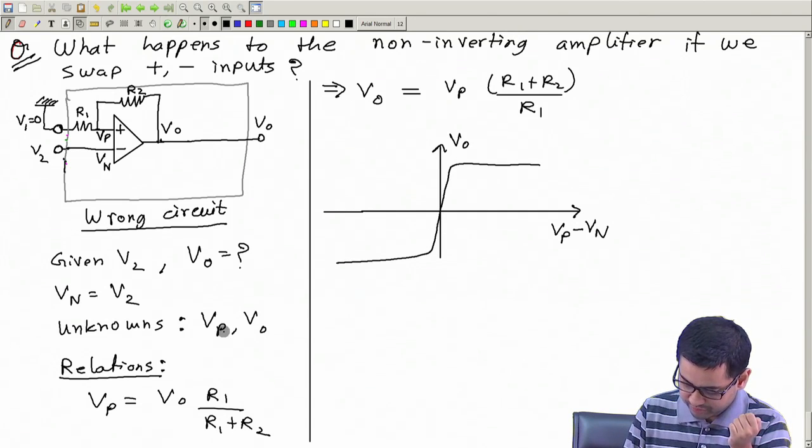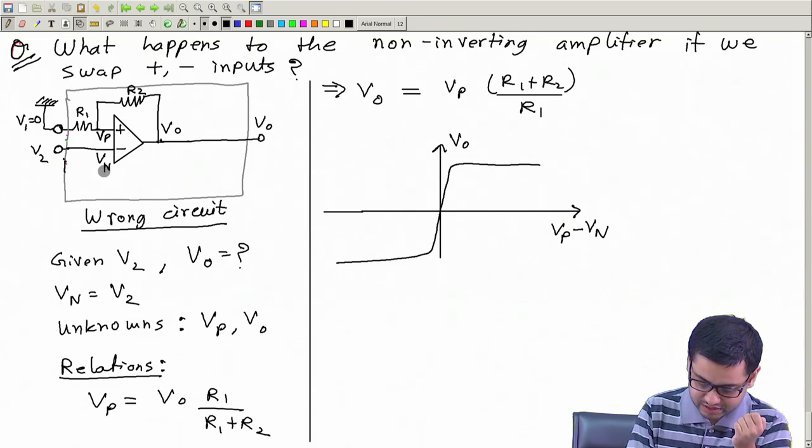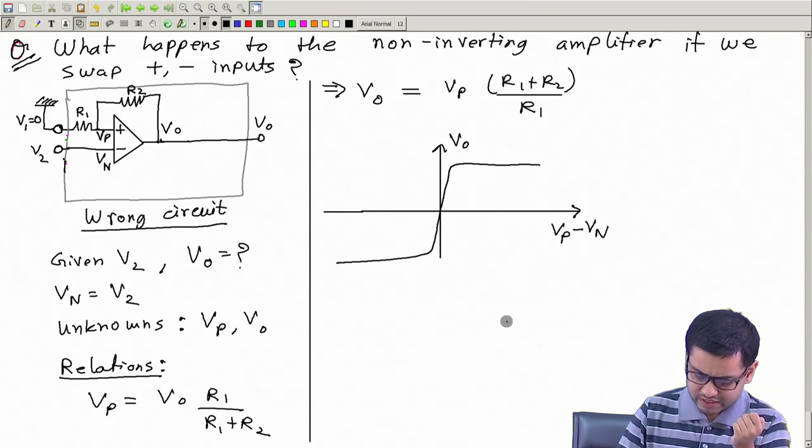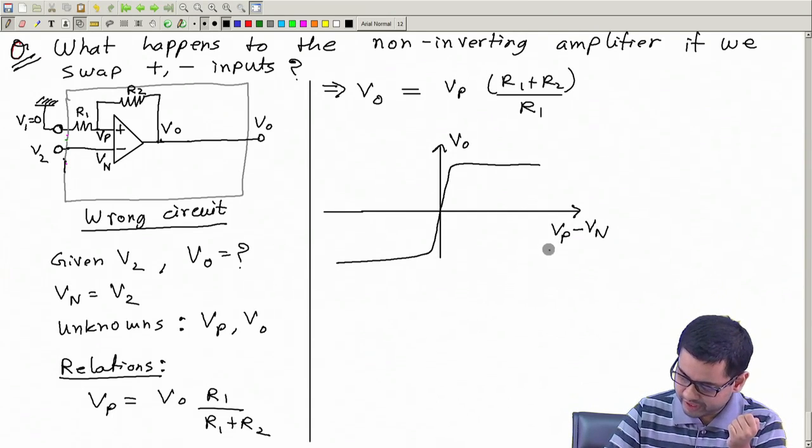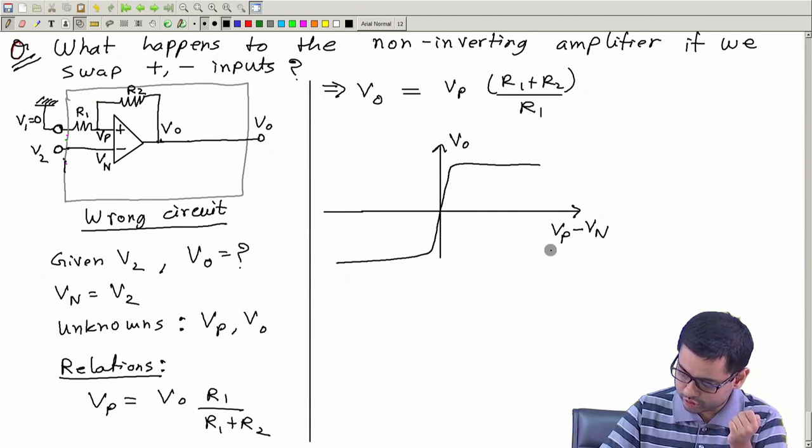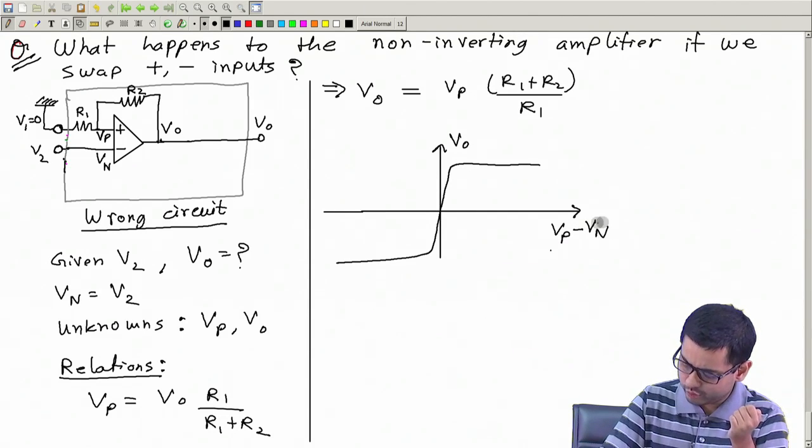Now the unknown is Vp, because Vn is known. So Vn is equal to V2, some value.